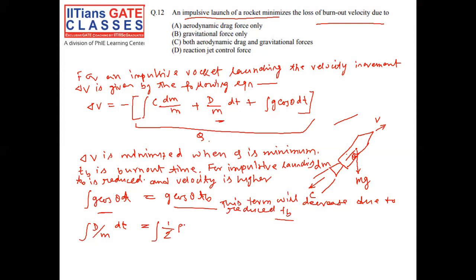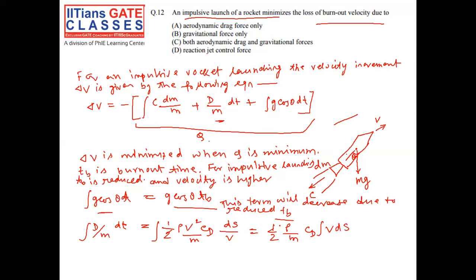We know the formula of the drag force, which is half rho V square CD, divided by m, and this dt can be written as ds by V, right? So this will give half rho by m CD integration of V ds.